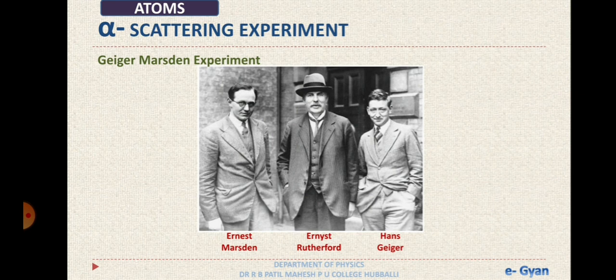So it is called Rutherford's experiment as well as the Geiger-Marsden experiment. Since it makes use of an alpha beam, it is also called the alpha scattering experiment.